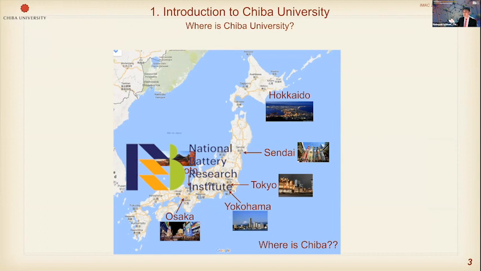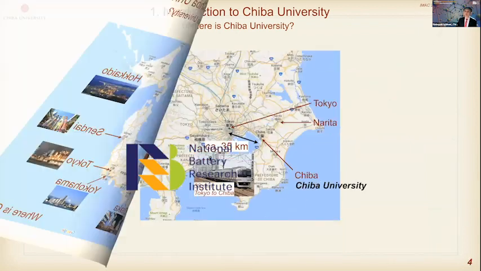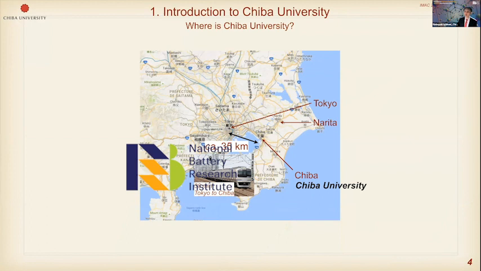However, what is Chiba? We can't see any Chiba. So move to here, close to the center of Japan. Here is Tokyo, and Chiba is here, about 35 kilometers from Tokyo. And this is the area of Chiba Prefecture. The right side is Chiba Prefecture.